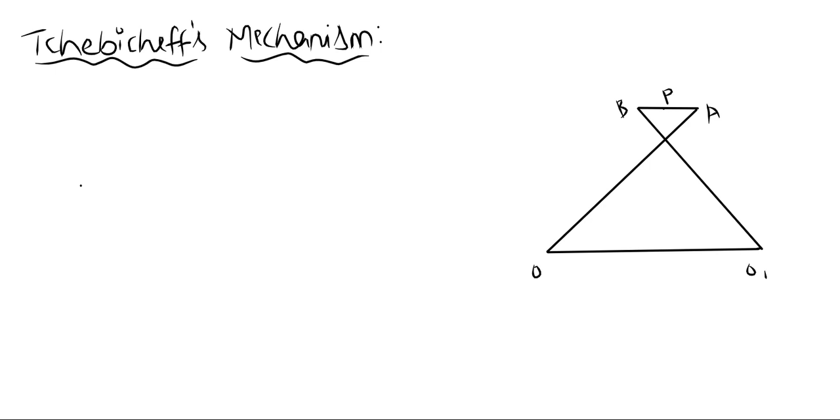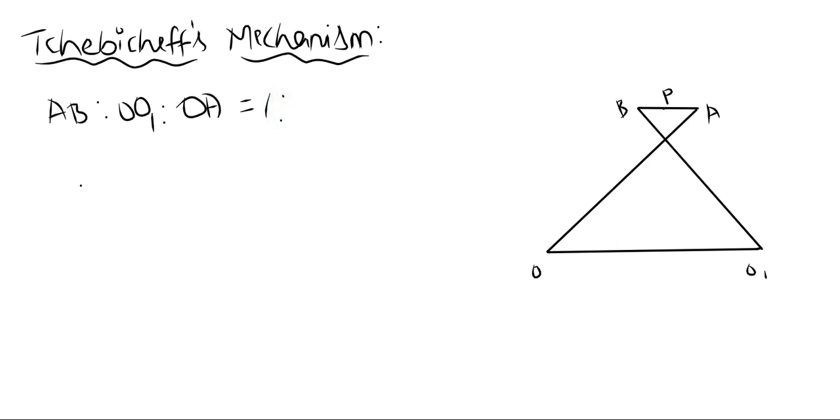So now the point P, which is the midpoint of AB, traces out an approximate straight line which is parallel to the link OO1. Here in this mechanism we have to show that the ratio AB to OO1 to OA should be equal to 1 is to 2 is to 2.5.